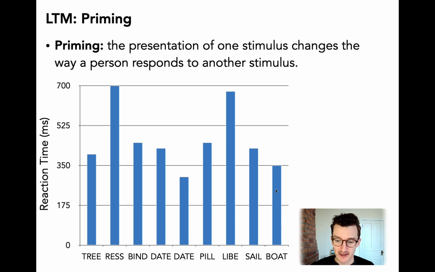So responding to sail, saying that sail is a word, activates sailing-related things in your brain, and it makes you a little bit faster to respond to the word boat. This is called semantic priming. And so we think this type of behavior, this memory, is non-declarative in nature.